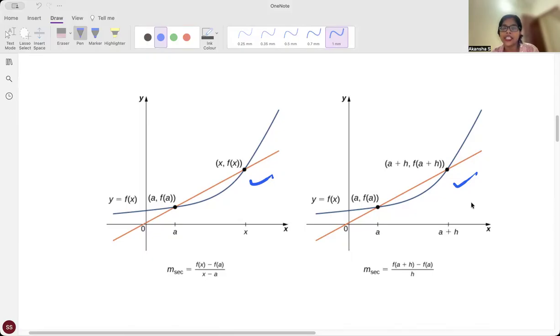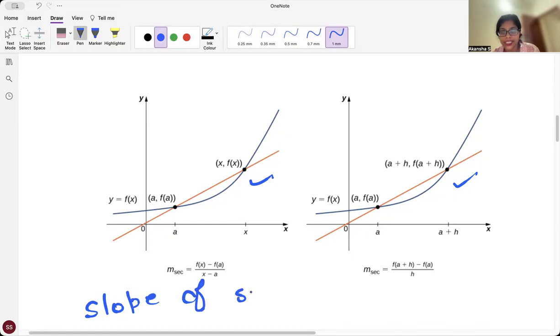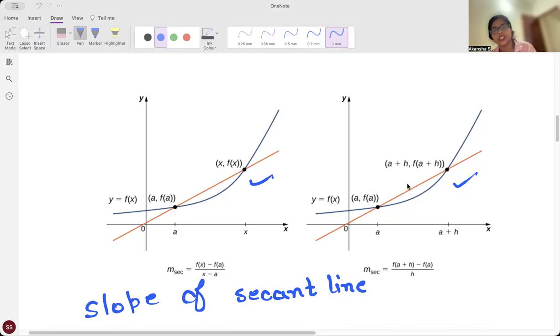Graphically, the average rate of change is the slope of the secant line connecting two distinct points. We will get this as f(a plus h) minus f(a), divided by h. So we find the difference over here.